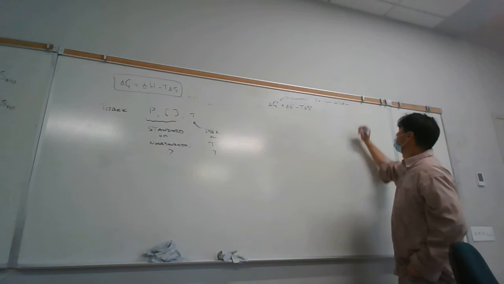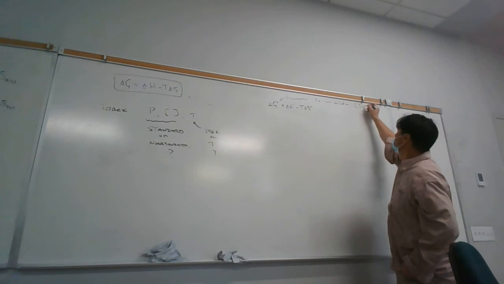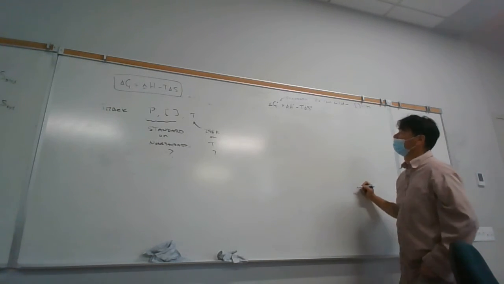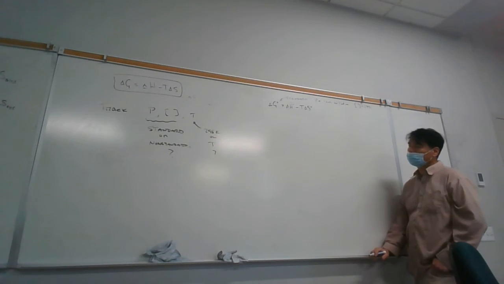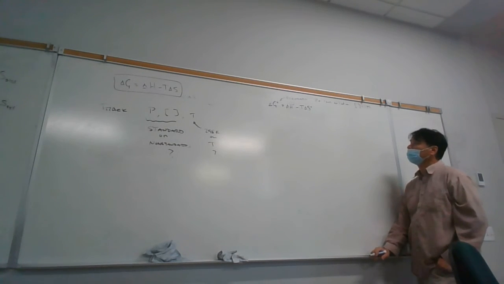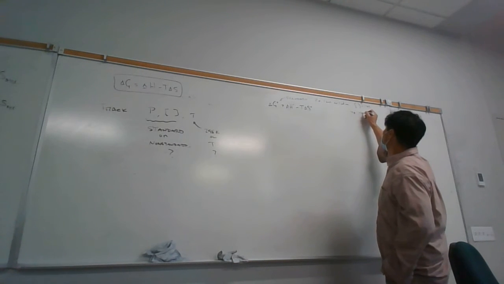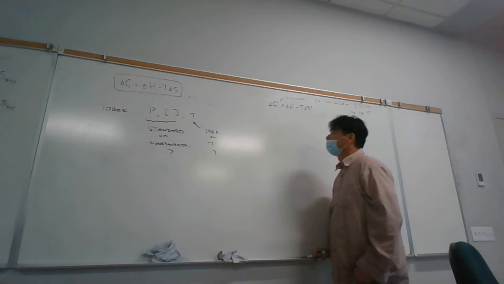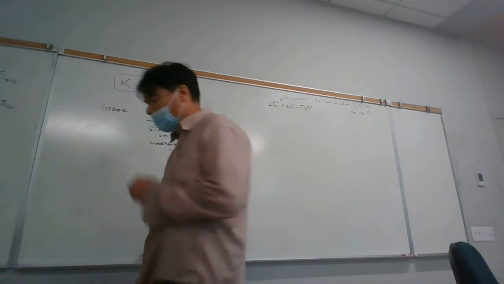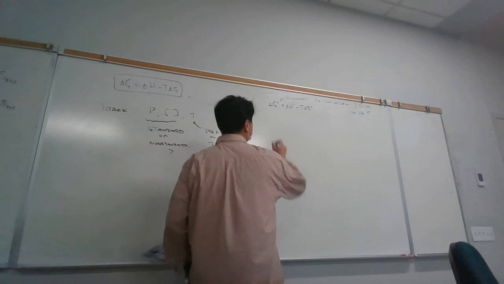And we have a standard concentration. The standard concentration is 1 molar, but there's no standard temperature. But most of our data is at 298 Kelvin. And so most of the calculations are going to be at 298 Kelvin.